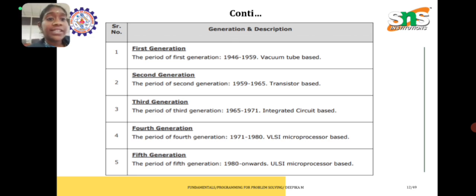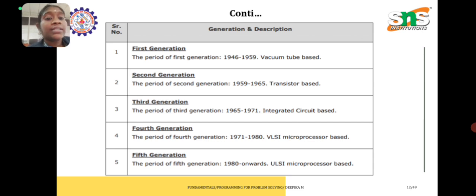The third generation is from 1965 to 1971, when IC based systems were used, that is, integrated circuit chips. And the fourth generation is from 1971 to 1980, when VLSI microprocessor based systems were used. VLSI is very large scale integration.